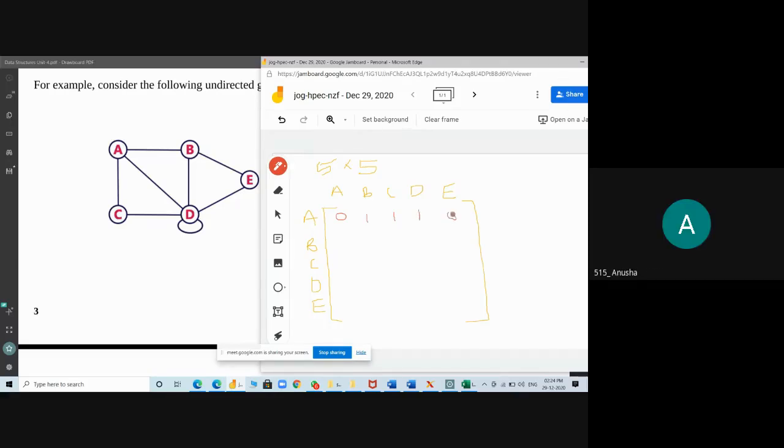B to A: 1. B to B: 0. B to C: 0. B to D: 1. B to E: 1.